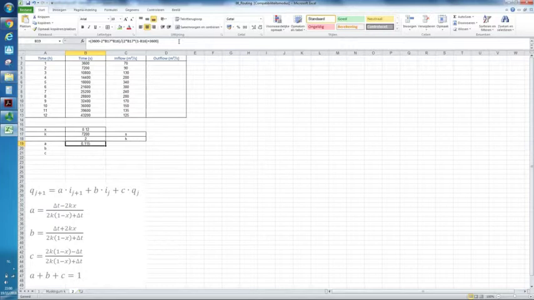Now, for the B term, I've copied the formula because it's almost similar. We will have 3,600, but instead of minus, we will have plus 2 times the K value multiplied with the X value, and then divided by the same term. And we also go to 3 digits.